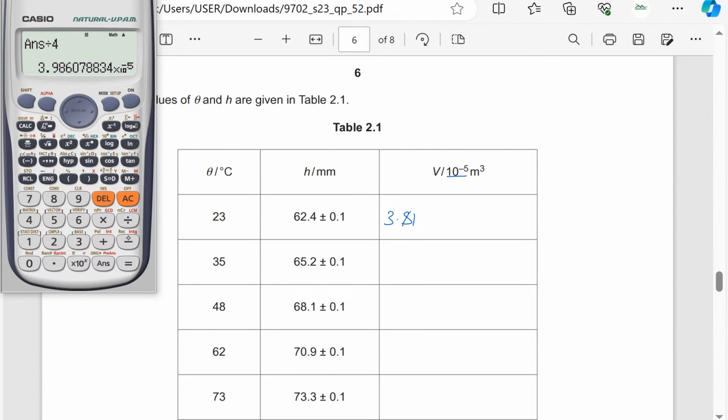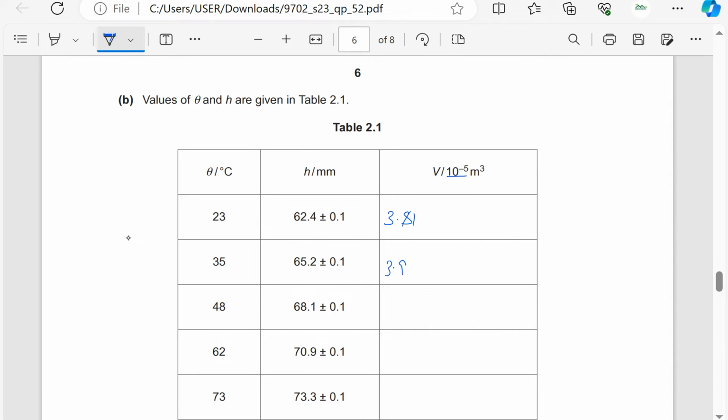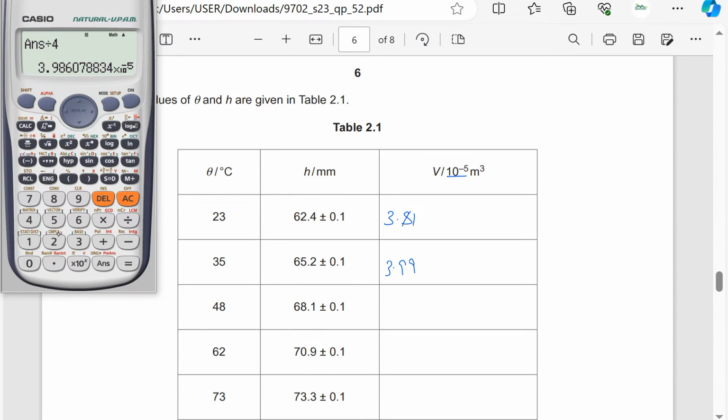So this is 3.99. Then the third one is pi times (27.9 exponent minus 3) squared times 68.1 exponent minus 3 divided by 4. So this is 4.16.